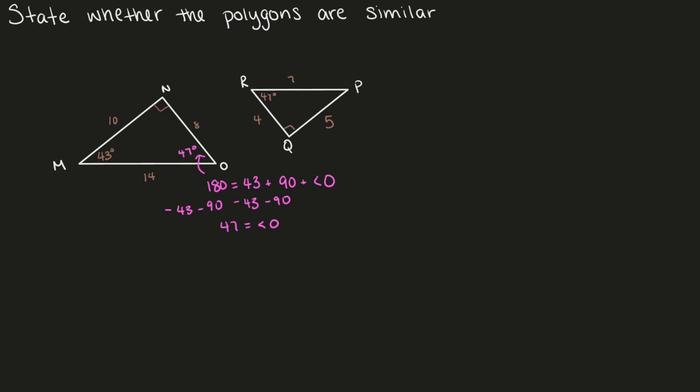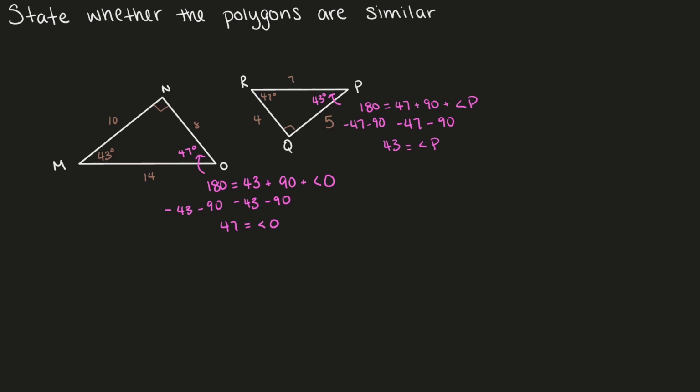Let's do the same thing with our angle P so that now we can compare and see if these are similar figures. So 180 is equal to 47 plus 90 plus angle P. Now we want to subtract 47 and 90 from both sides. So that leaves us with 43 is equal to angle P. Now we can compare and see if they're congruent.